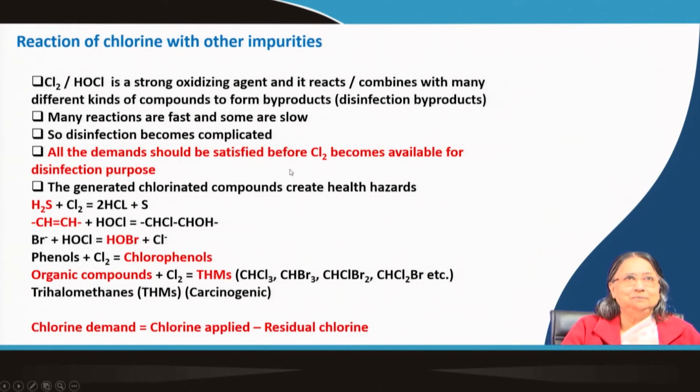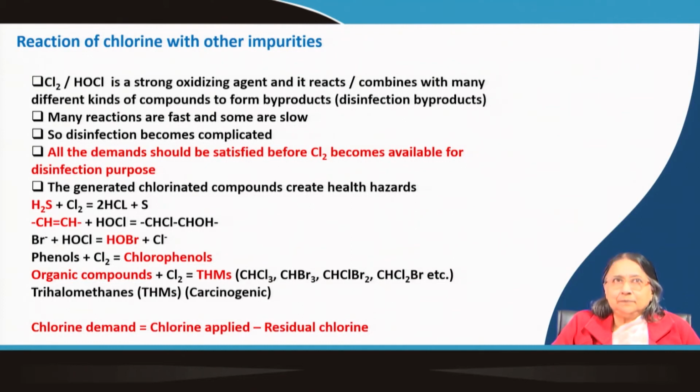Say, for example, in groundwater you know that H2S is present or some sulphide salts are present because water is leaching through some sulphide bearing rocks. So, they can react like this. You see, H2S gas can react with chlorine to form HCl and sulphur.